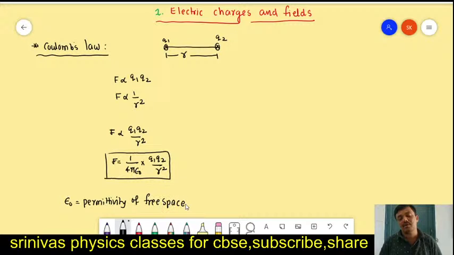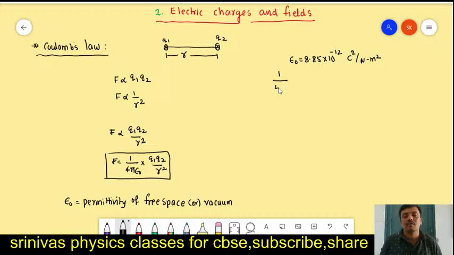What is the permittivity of free space or vacuum? Listen very carefully. The epsilon naught value is 8.85 into 10 to the power of minus 12 Coulomb square per Newton meter square. This is the epsilon naught value you should remember.